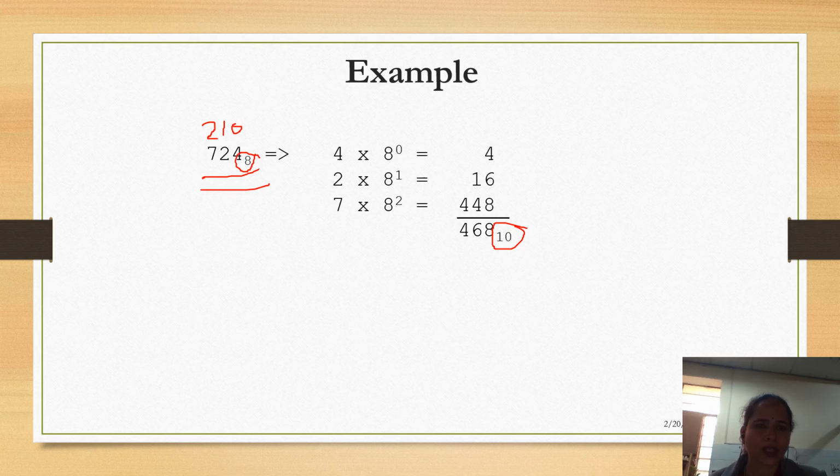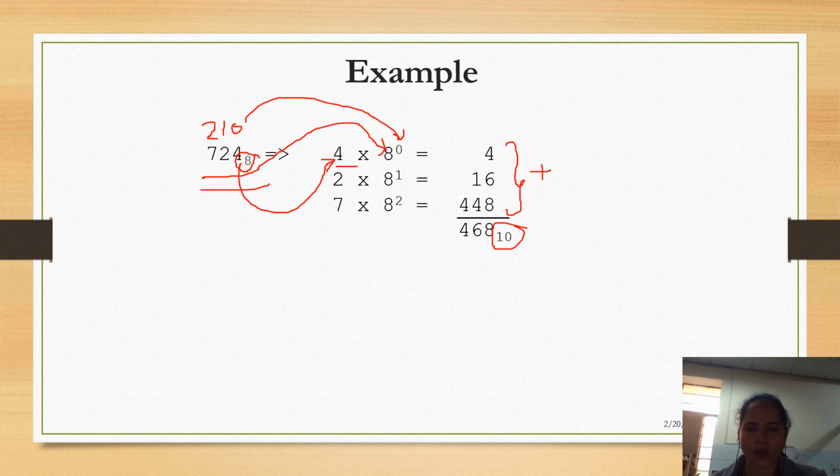The value 4 has the weightage 0, so we multiply 4 by 8 to the power 0. 8 is the base, the power is here, and the value is here. So 4 is multiplied by the base 8 and the power, which is the weightage. Now 2 is multiplied by 8 to the power 1 and 7 is multiplied by 8 to the power 2. To get the value, we add all these values.